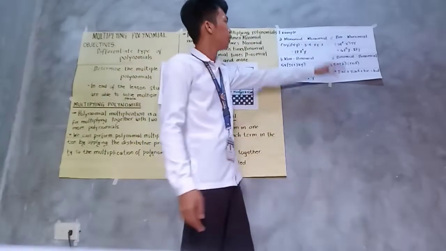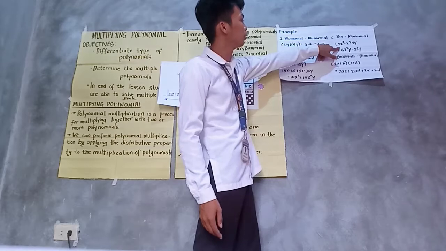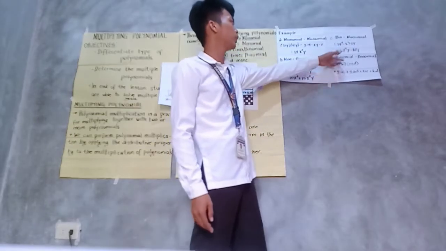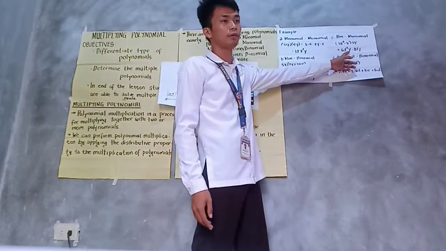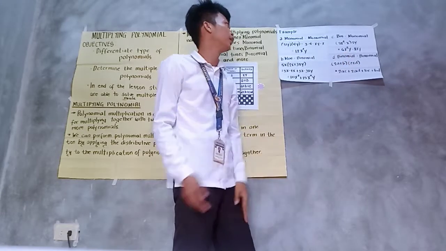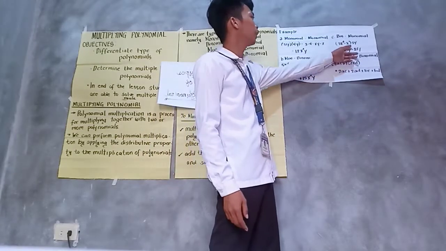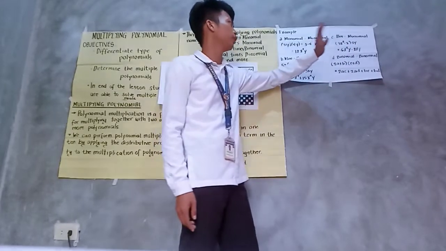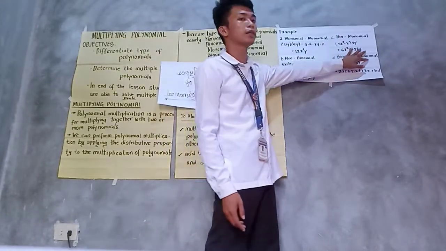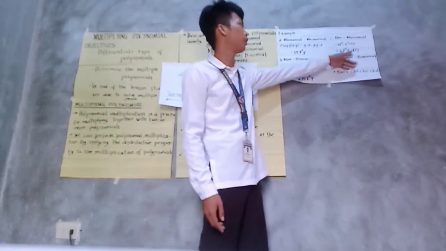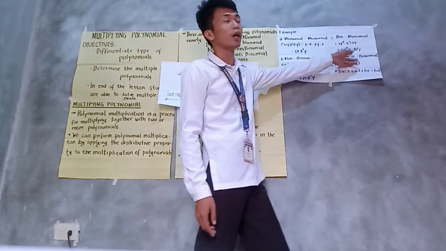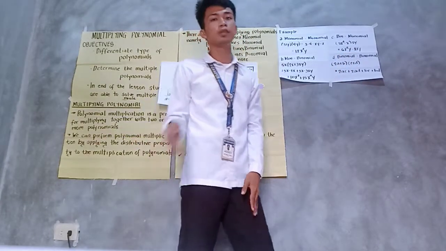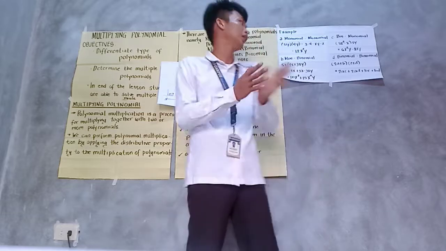So, 3x squared times 2y is equal to 6x squared y. And negative x times 2y is equal to negative 2xy. The product becomes negative because negative times positive is equal to negative.